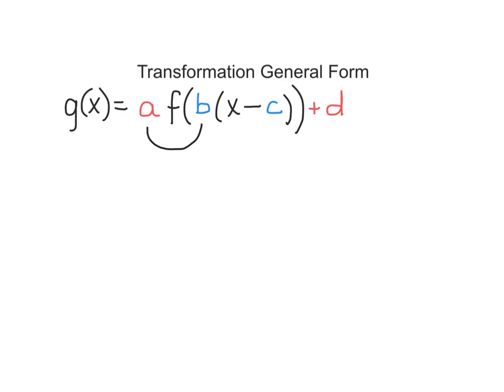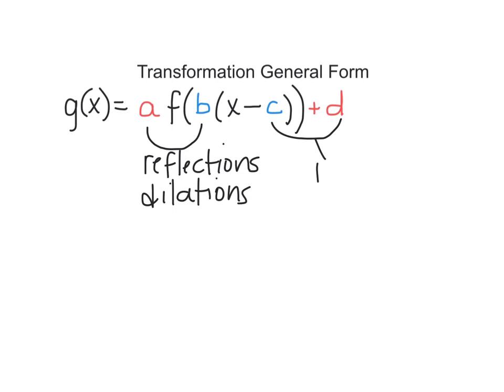These two guys will end up being either reflections or dilations. These two guys are going to end up being translations. Okay, and I'm going to refer to A, B, C, D transformations all year.